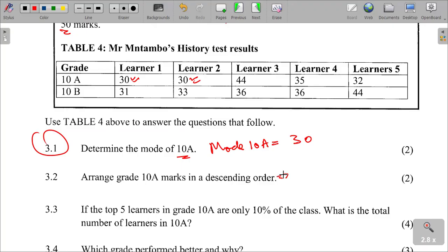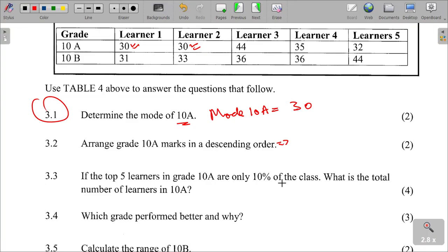This is similar to the previous one, but here we start from the biggest and go down. In descending order, we start with 44, then the next is 35, then 32, 32, then 30, 30. So in descending order we have 44, 35, 32, 32, 30, 30.